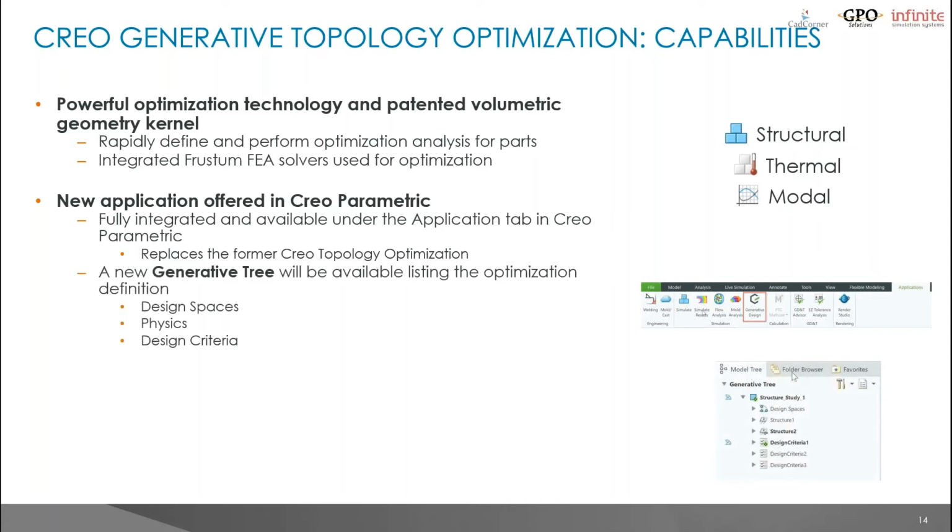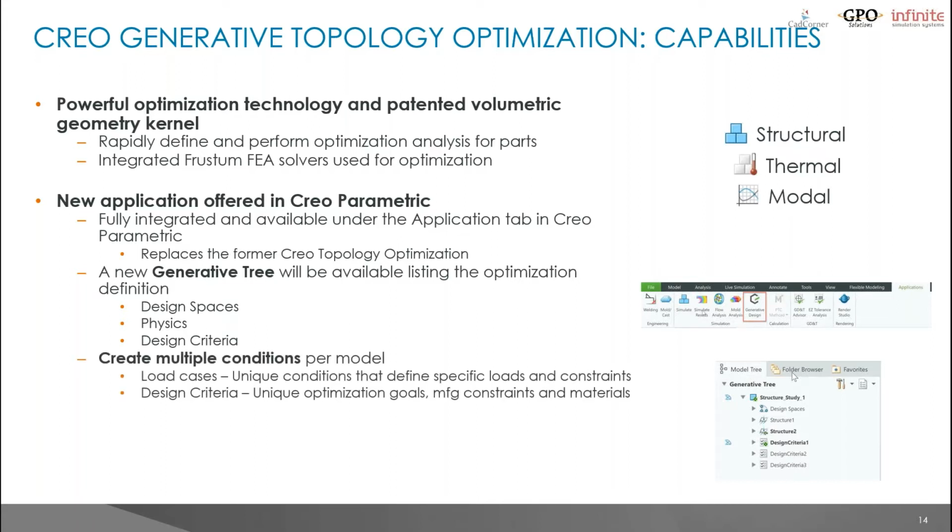As with other tools, the user interface is very uniform, so you'll also have a generative tree on the left-hand side. This allows you to quickly modify and edit existing simulation definitions. For example, maybe you want to optimize slightly differently, and you can quickly access the controls from the left-hand side.